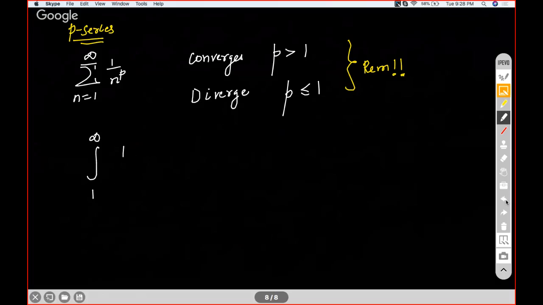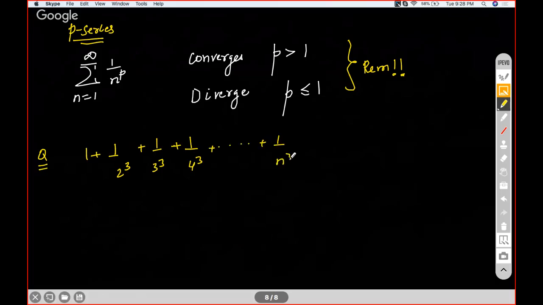So, in light of this, what can you comment about a series like this? It will converge. It is following this property, right? It's a p-series with p greater than 1, so this will converge.